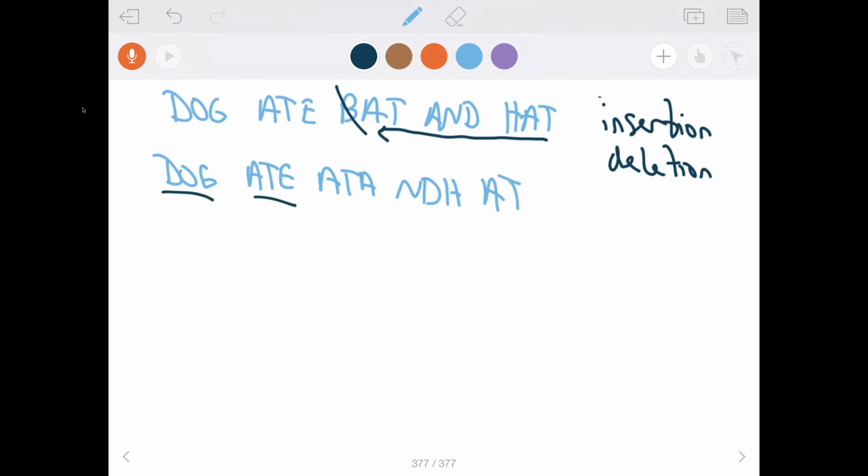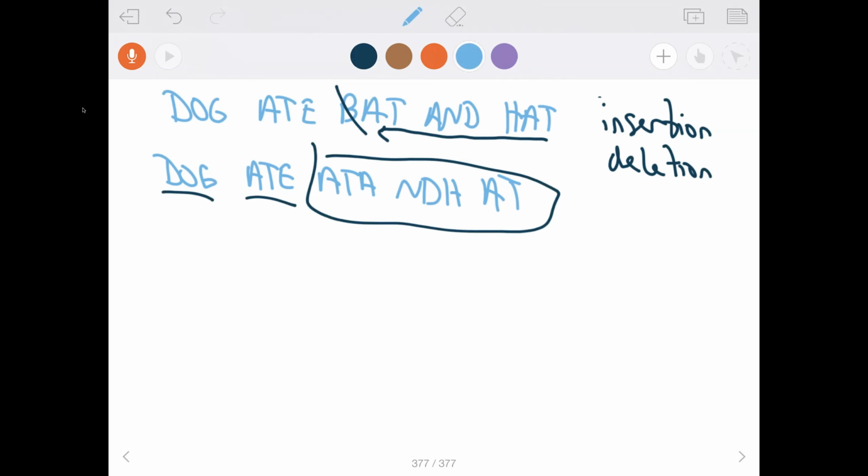This one and this one remain unchanged, but everything else is now different. It changes the way we read the sequence. So in a deletion, it shifts over to the left, however many are deleted. So since we only deleted one, everything on the right side shifts to the left one spot. And it changes how we read the sequence.